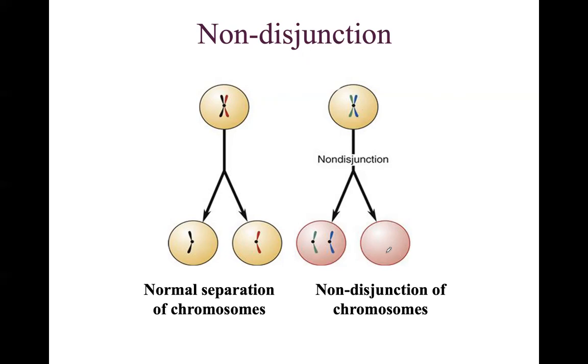Now, usually this is not survivable in humans, right? If this happens with chromosome 1, not survivable. If it happens with chromosome 2, not survivable. There is only one chromosome in which this is survivable. We're going to talk about that a little bit later. Okay. The answer to that is 21.